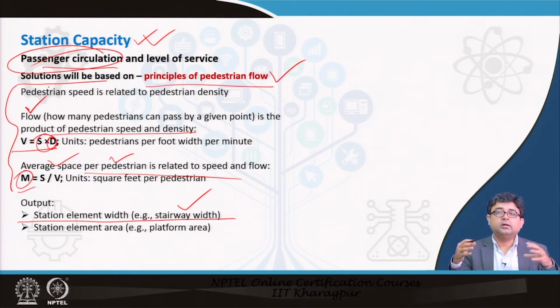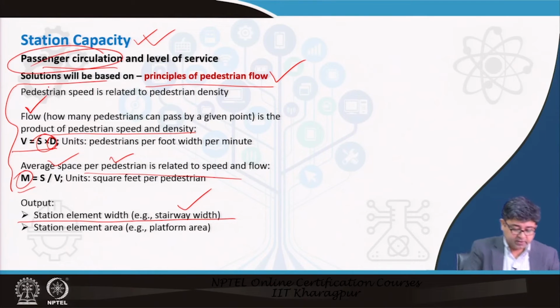So, you get the relationship between all of this. You know the pedestrian flow, if you know the stairway capacity, then if you know the stairway width, that will tell you the station capacity. So, that is how these things are all aligned with each other.